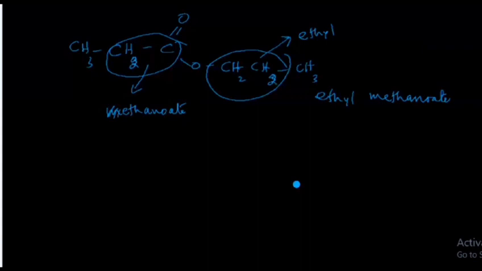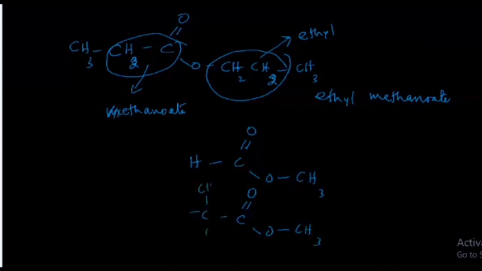Now, if you look at the structural formula, this is the structural formula. If you count the number of carbon, hydrogen, and oxygen, let's start from the simple compound that you have started from this ester. This is methyl methanoate. If I add one more carbon on the left hand side, this is methyl ethanoate.